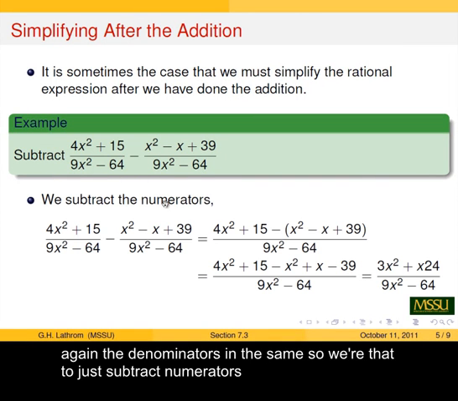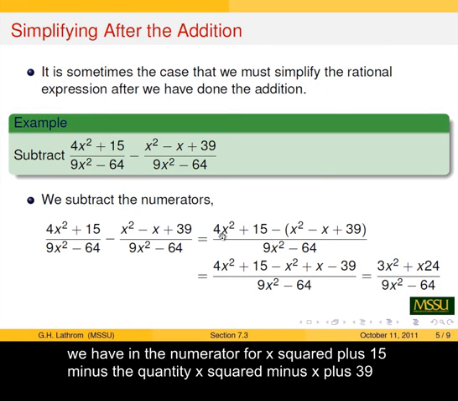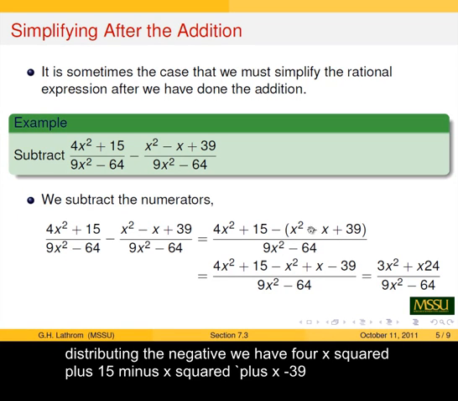Again, the denominators are the same, so we are allowed to just subtract the numerators. We have in the numerator 4x squared plus 15 minus the quantity x squared minus x plus 39. Distributing the negative, we have 4x squared plus 15 minus x squared plus x minus 39.